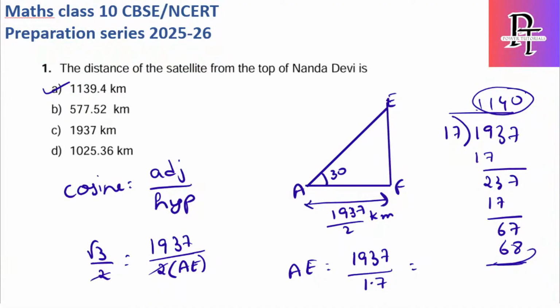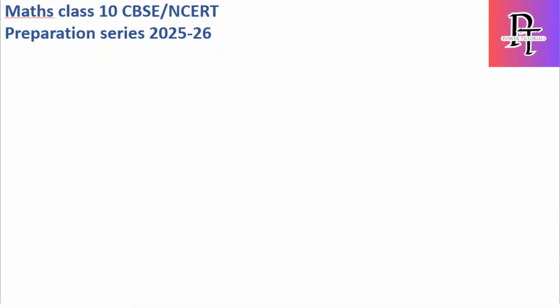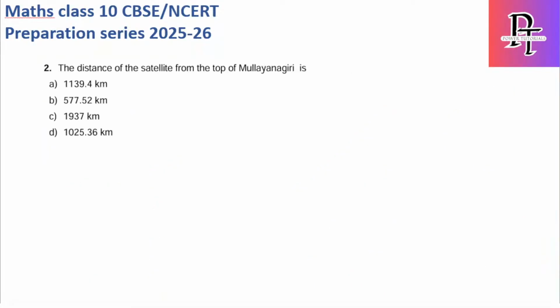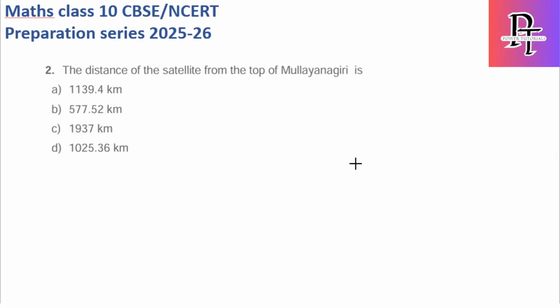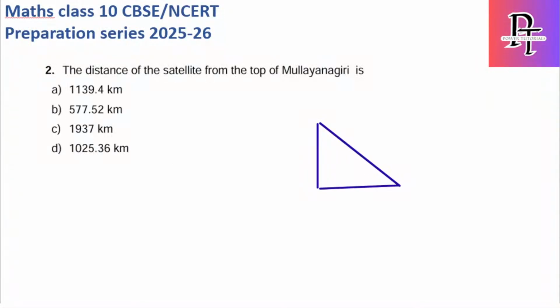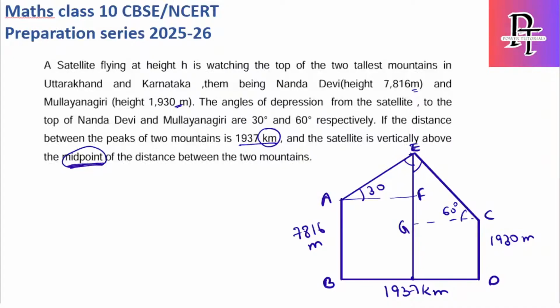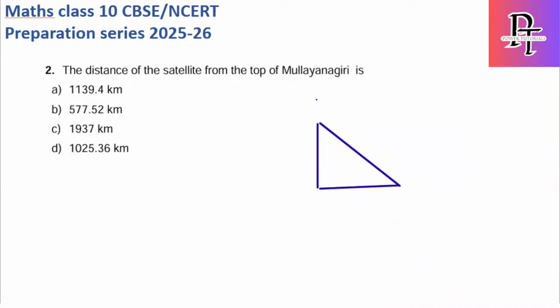Let's go to the second question for this case study. The distance of the satellite from the top of Mulyanagiri. Same type of question, but you have to take the other triangle, the right side triangle. Again I will take the small triangle, with height, Mulyanagiri distance, and then this one. I'll write the alphabets, which are E, G, C. This angle is 60.